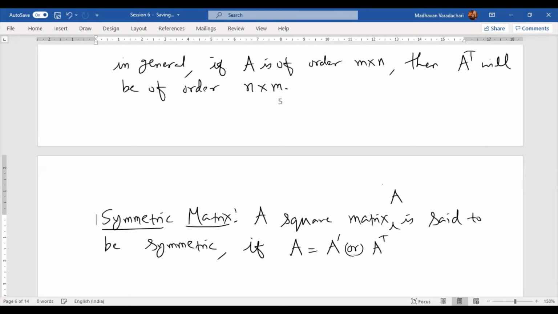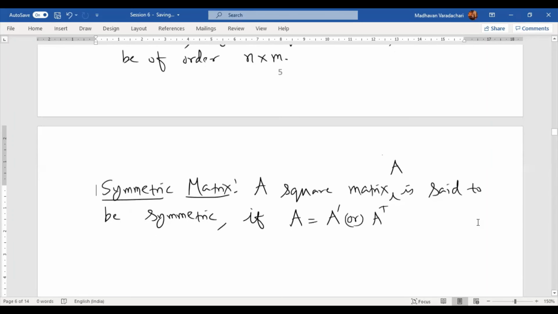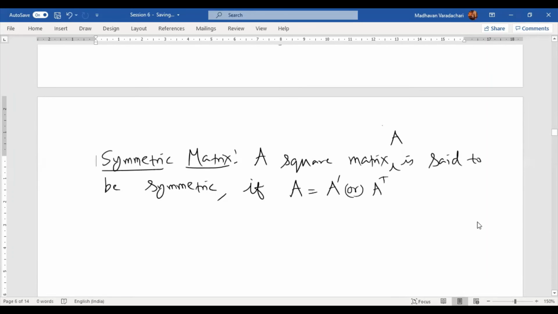If both are same, means you can say it is symmetric. So what is the example? Let me give an example.